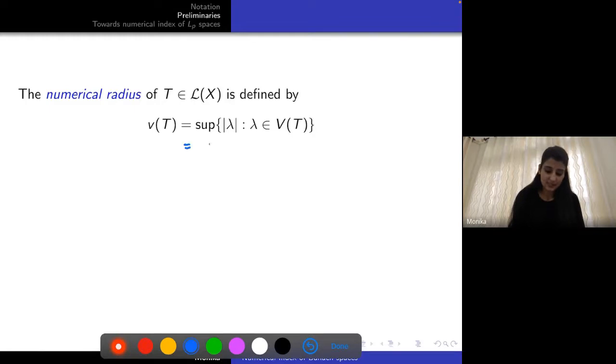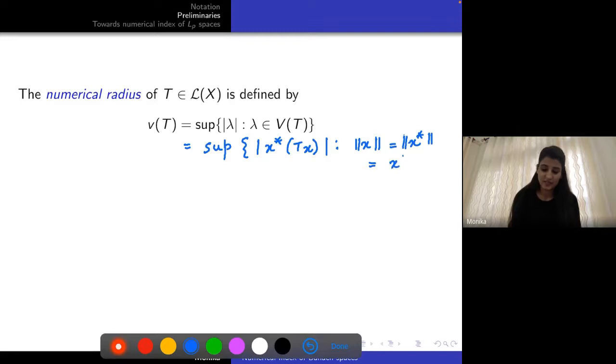So it's nothing but the supremum of elements coming from the numerical range, which were x star Tx. I'm writing the definition again and again so that if you haven't seen it before, it will be easy for you to recall. So the numerical radius is the supremum of absolute values of elements coming from the numerical range. Let's see some properties of numerical radius also.